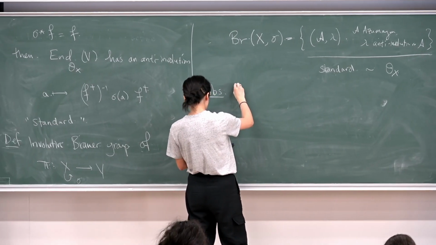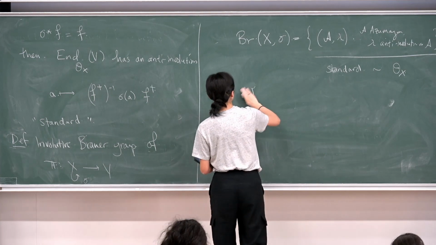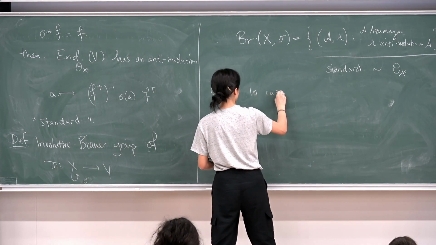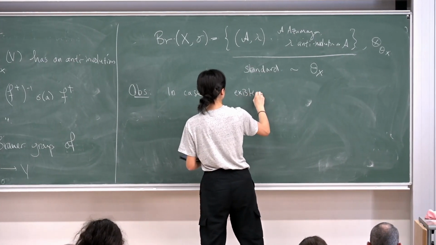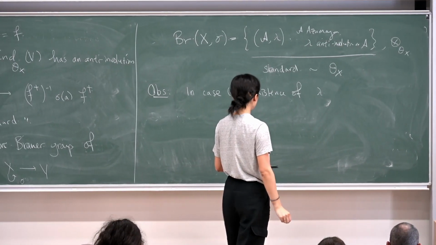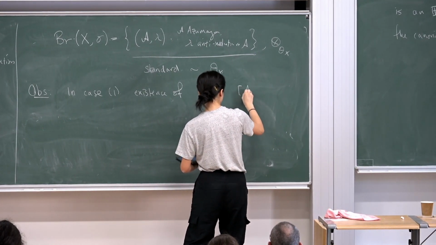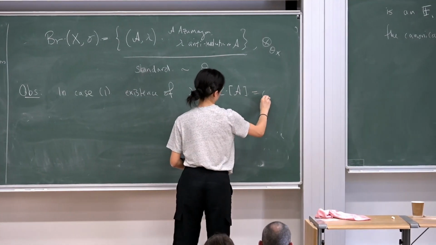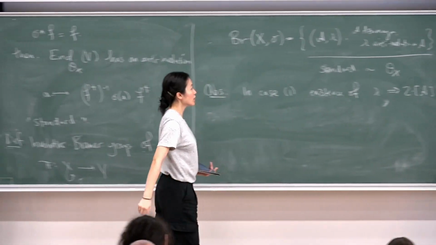Given all of this data, a scheme and a good quotient, if I just have any map of schemes, then I have a pullback on any kind of cohomology theory. It turns out that in this case, I also have a transfer. In special case number 1, the existence of an anti-involution implies that if I consider the Brauer class, or the cohomology class associated to my algebra, then it's 2-torsion.